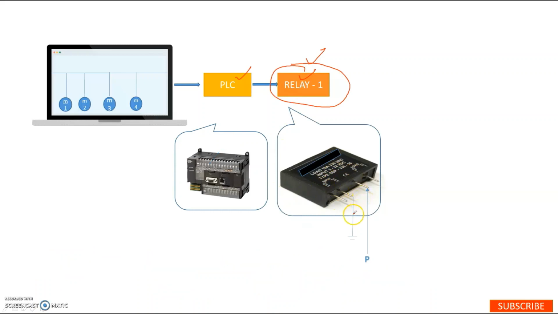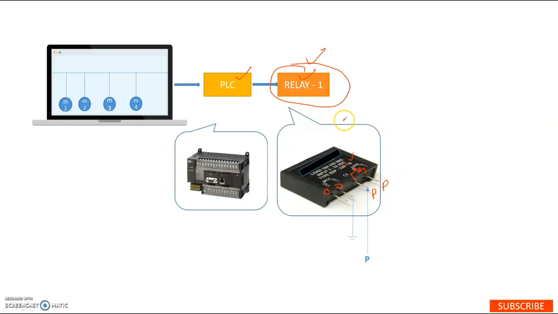Let us try to understand the relay a little bit. It also has a switching property. You see this load terminal, it is a NO terminal, and as soon as I supply a voltage between these terminals, the input voltage of around 3 to 32 volt DC, as soon as it is applied between these terminals, this NO contact will become NC, and the phase which is available here could be available here, and the further connections can be made to the load, and in this case the load is the contactor coil.